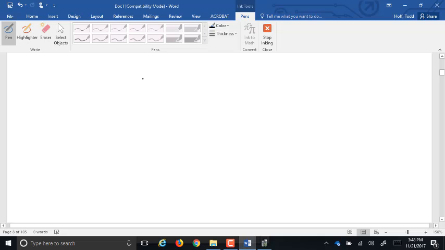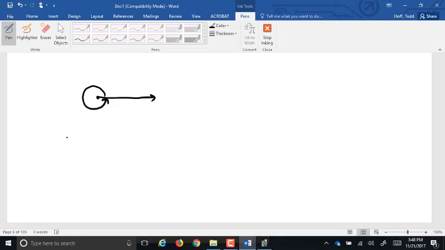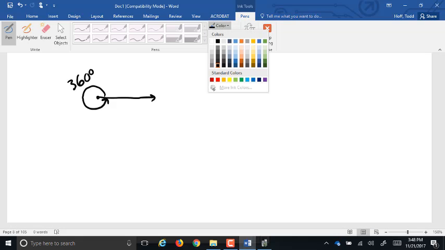It works out to the same thing, but a slightly different working definition. If I'm going in a certain direction and I turn completely around to go back in that direction, how far have I turned? One complete turn is how much? How many degrees? 360 degrees, perfect. One complete turn is 360 degrees.